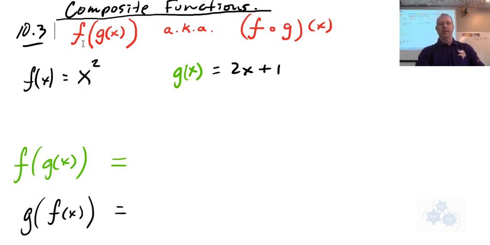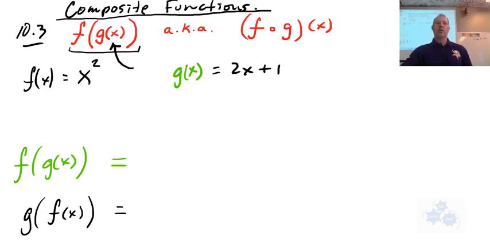All right. So this is some notation here: f of g of x. You see that g of x is actually inside of the f function. This is different than what we've landed on before, so let's take a quick peek at this.